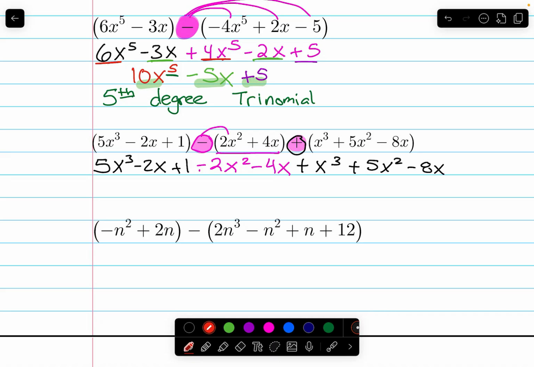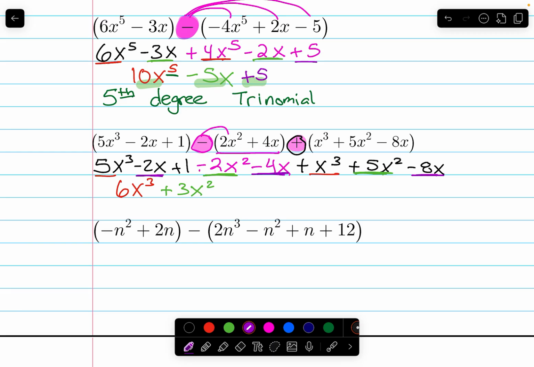Okay, hopefully you tried it out yourself and you have 5x cubed plus x cubed, which makes a 6x cubed. Next up, I see a squared, so I have a negative 2x squared plus 5x squared. That makes a 3x squared. The next one I see is the negative 2x, the negative 4x, and the negative 8x. So we need to be careful that we use all the different terms.